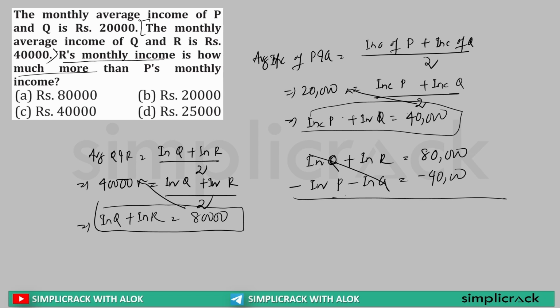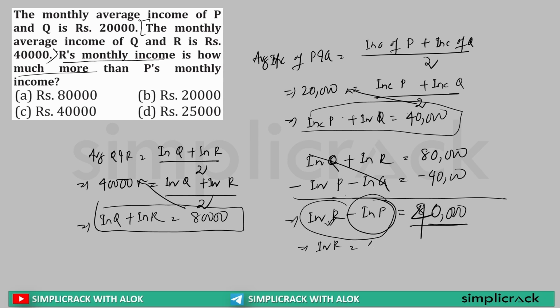So Q and Q will cancel out. It will be, sir, income of R minus income of P is equal to 80,000 minus 40,000, that is equal to 40,000. So it says the income of R is 40,000 more than the income of P, because this can be written as income of R is equal to 40,000 plus income of P. That means income of R is 40,000 more than income of P. If income of P is X, income of R is 40,000 plus X. So the answer is option C. Clear?